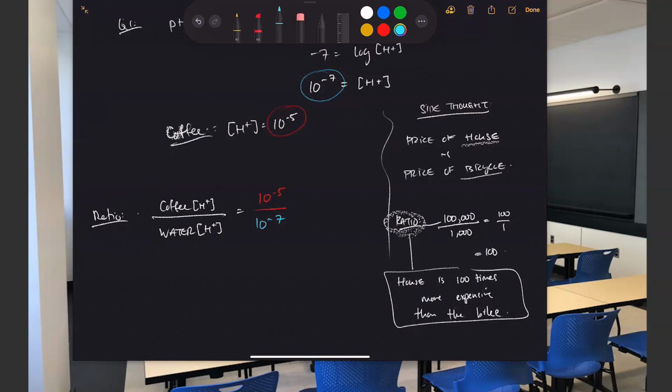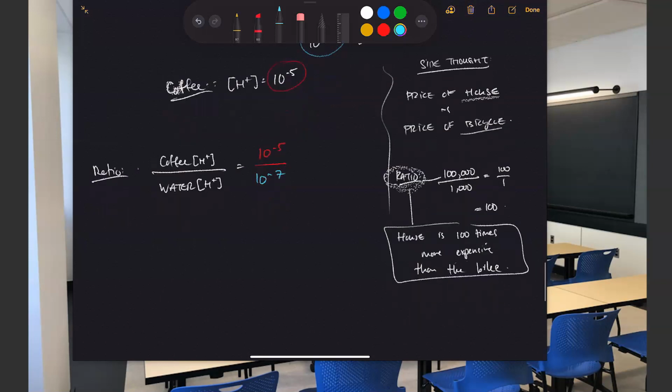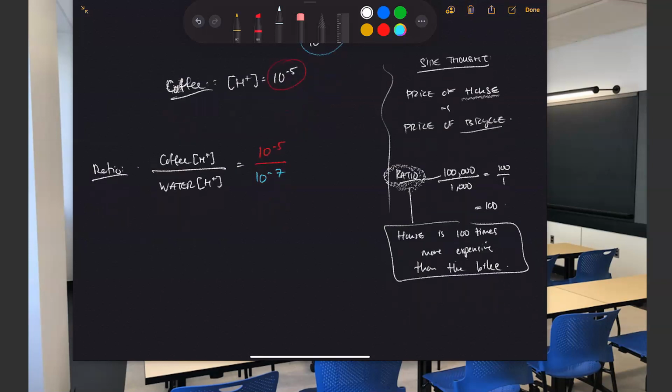10 to the minus 7th is a smaller number. Make sure you understand why that's the case. Think about what that number really means. And so when we divide these two to come up with this ratio, if you remember your exponent rules, we subtract the exponent of what's being divided by, and so we'll actually get 10 to the positive 2, which is what? 100.